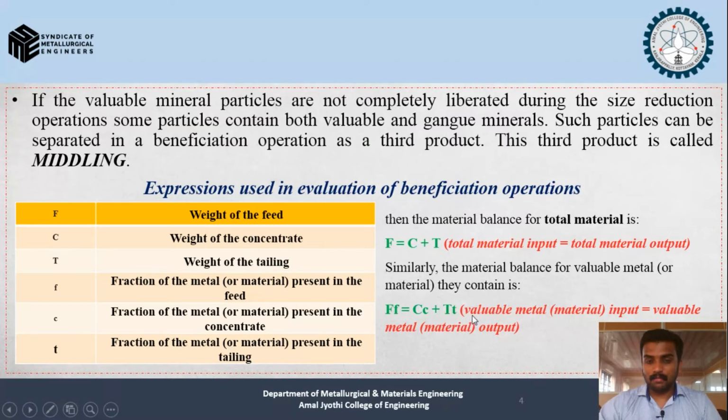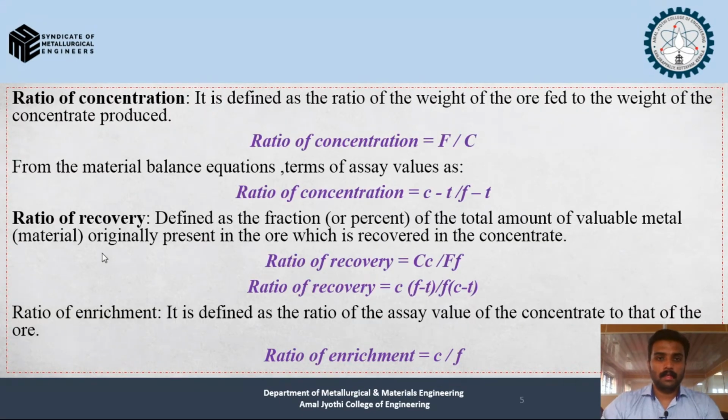By that equation we can find out that the valuable metal present in the input is equal to the valuable metal present in the output. So these are the general expressions used in mineral beneficiation operations. From the previous expressions, we have further definitions commonly used in mineral beneficiation operations, that are the ratio of concentration.